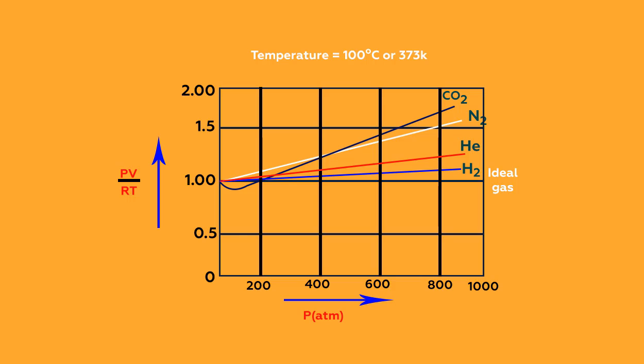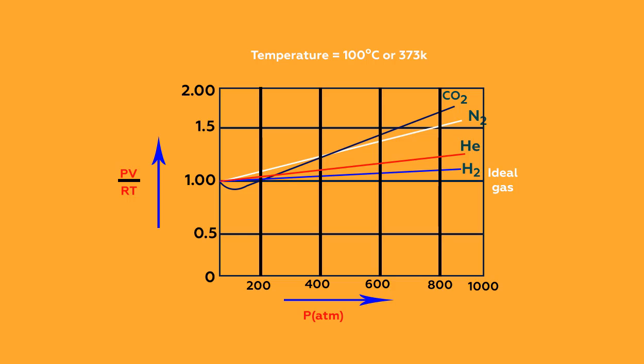These graphical representations show that if we increase the temperature, gases behave more ideally. And at the start of the graph, we see that pressure is low and these lines are closer to the ideal gas line. Then we can conclude that if we have lower pressure, or decrease the pressure, and increase the temperature, then the gases behave more ideally.